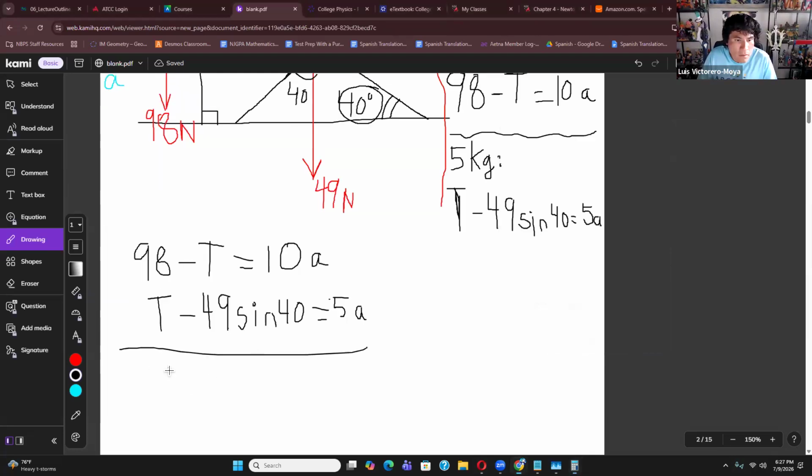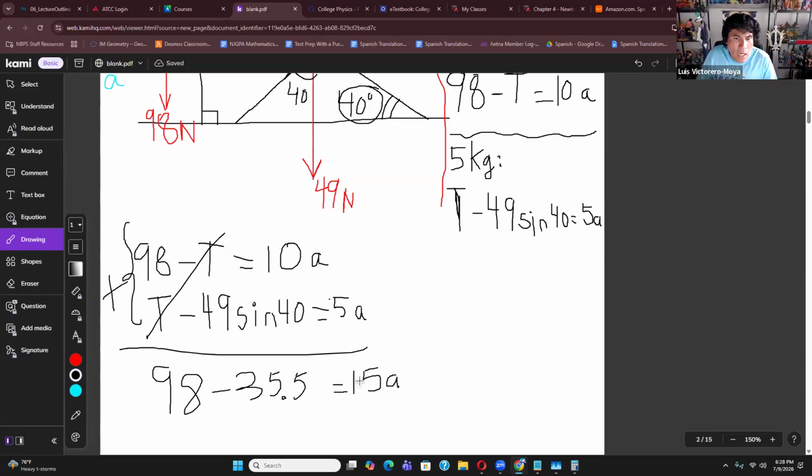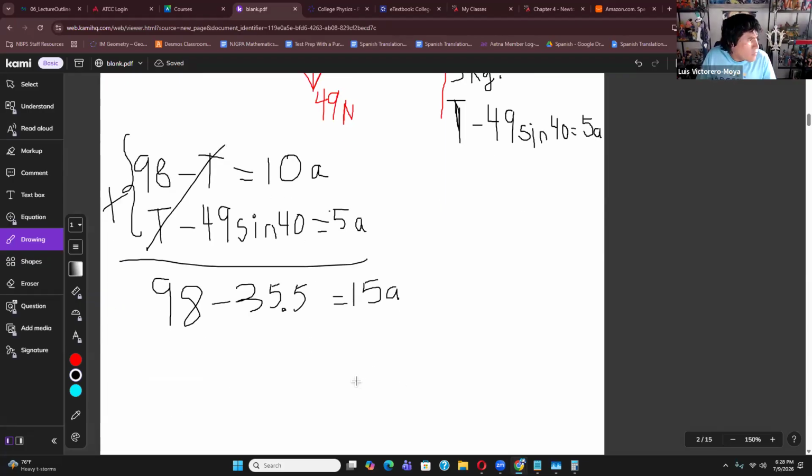So this will be the equation for acceleration, right? If you add these two, this cancels, and then you get this. So yeah, it makes sense, about 4.43. Yeah, so you got it right. And if that's right, then tension should be about 50.